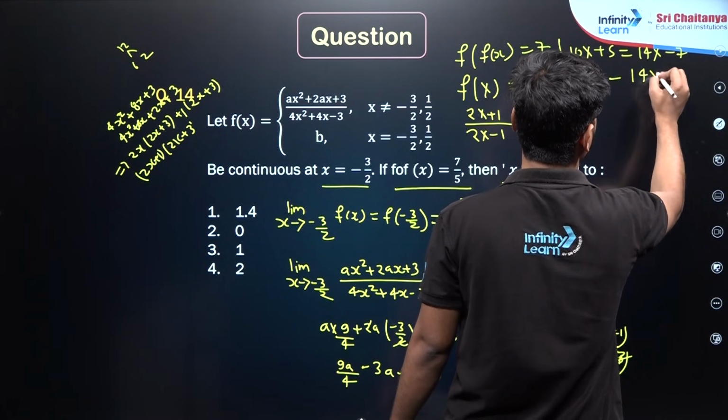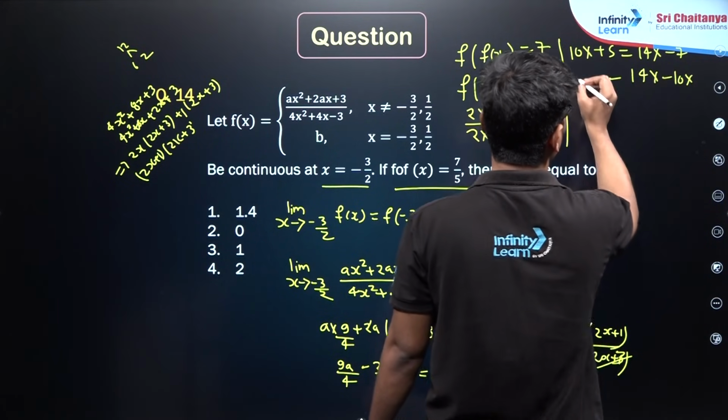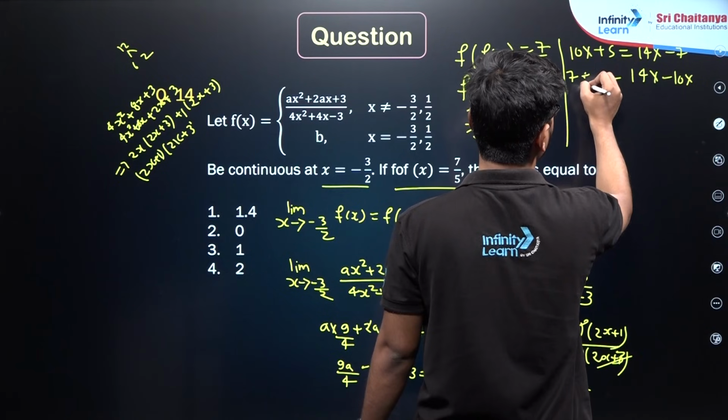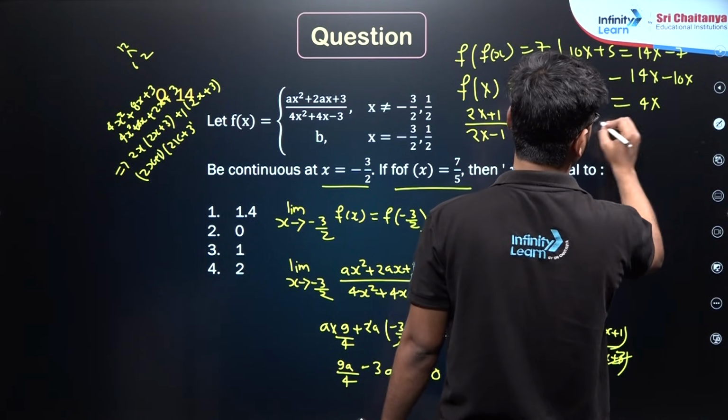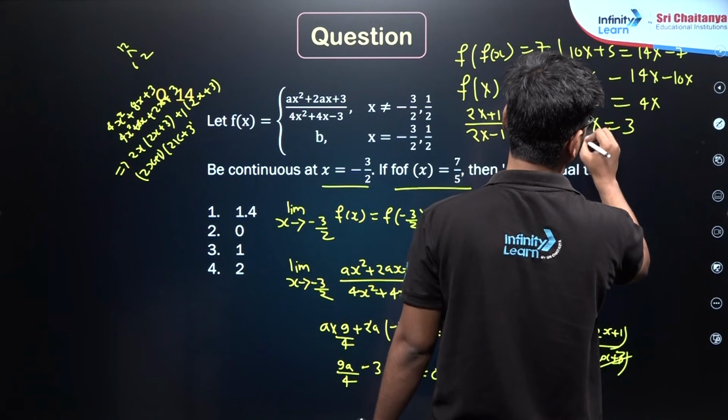So it will be 14x minus 10x, and here will be 7 plus 5. So it will be 12 is equal to 4x. So the value of x is going to be 3.